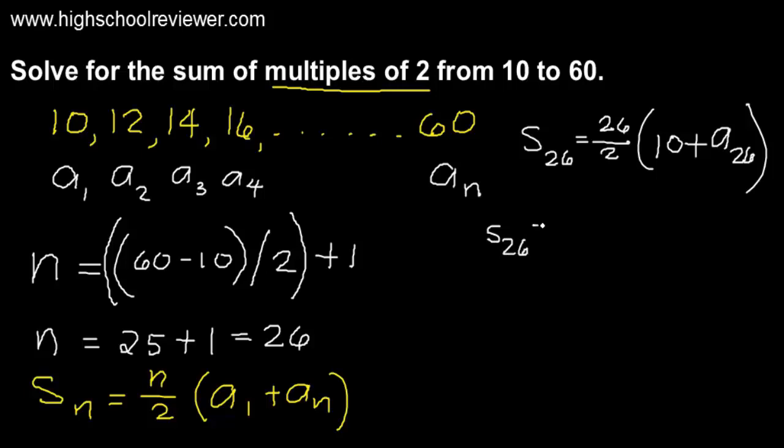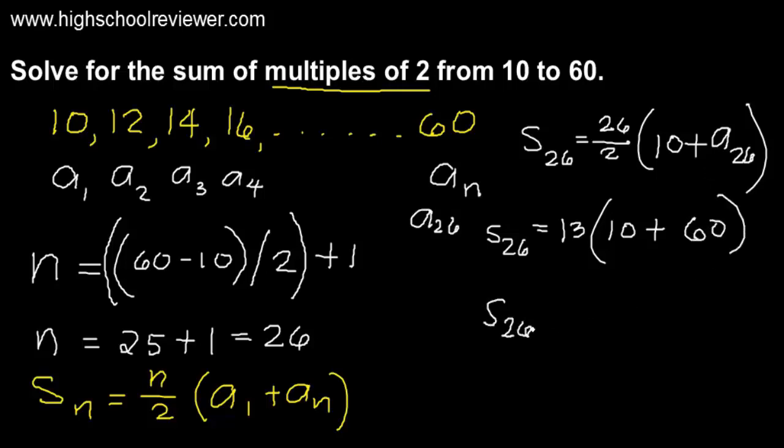S sub 26 here will be equal to 26 divided by 2, that is 13, multiplied by 10 plus our a sub 26. The 60 is also now equal to a sub 26, so a sub 26 is 60.